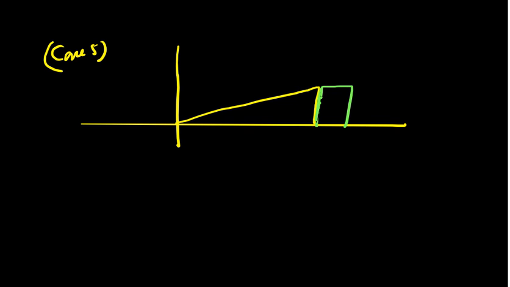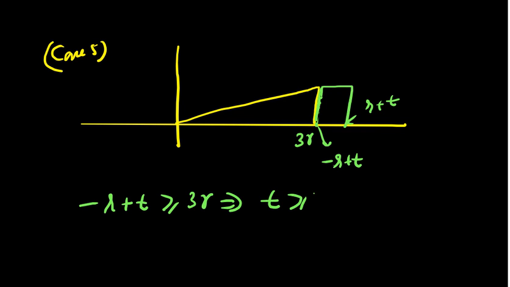So this is 3r, this is your minus r plus t and this is your r plus t. So minus r plus t is now greater than or equal to 3r, which is only possible when t is greater than 4r. You will not find any common domain where both x1 and x2 are non-zero, so the integral will be 0. Correct?